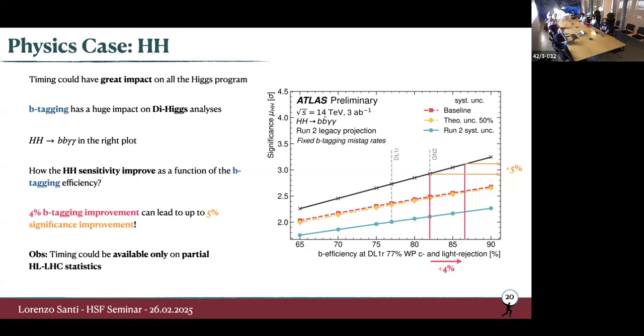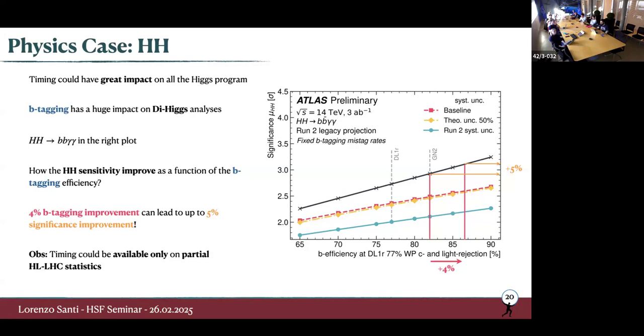As you may see, if we are able to improve by about 4% in the tagging efficiency on top of GN2, which is the state-of-the-art tagger, we could improve about 5% more in terms of, for example, significance.